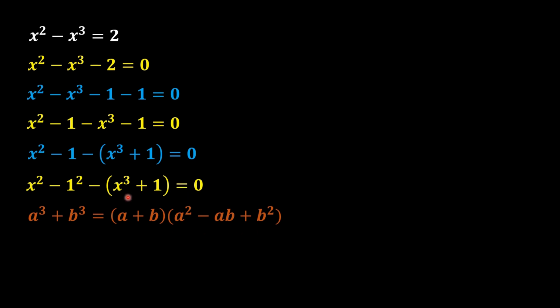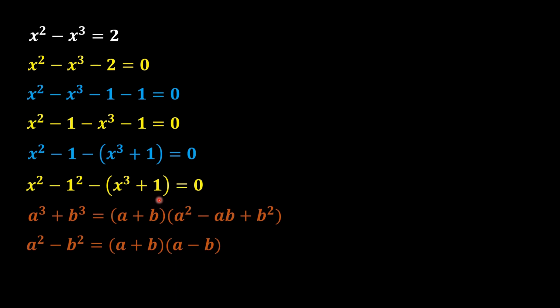So here you can see that if this value is cube as a and this value is cube as b, then this value can be opened by these values. And as we know that a square minus b square is a plus b, a minus b. So if this value is a square and this value is b square, then it can be opened by the a square minus b square formula.